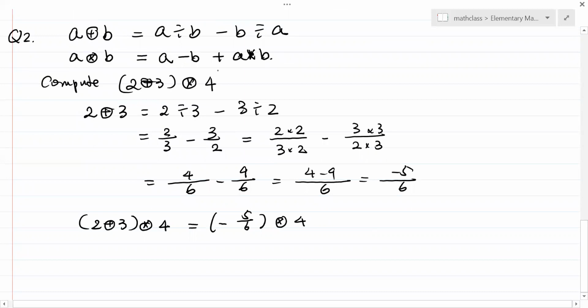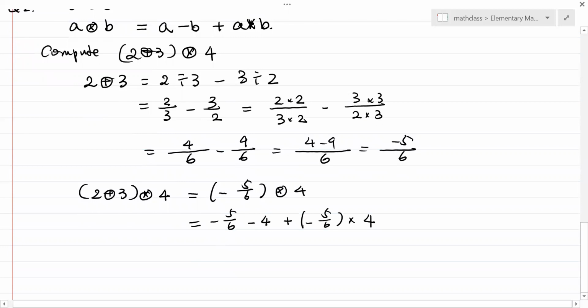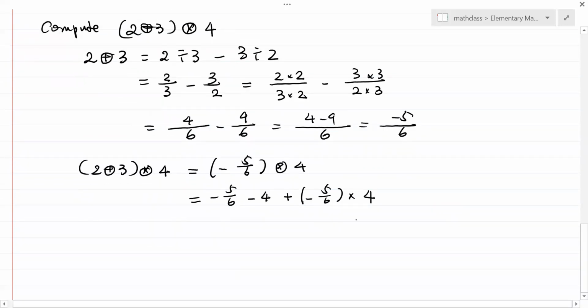We see that in the place of A is negative 5 over 6, B is 4, so it's negative 5 over 6 minus 4 plus negative 5 over 6 times 4. Then you just simplify this. This is a little bit difficult. Division always causes some trouble. Anyway, you simplify this.